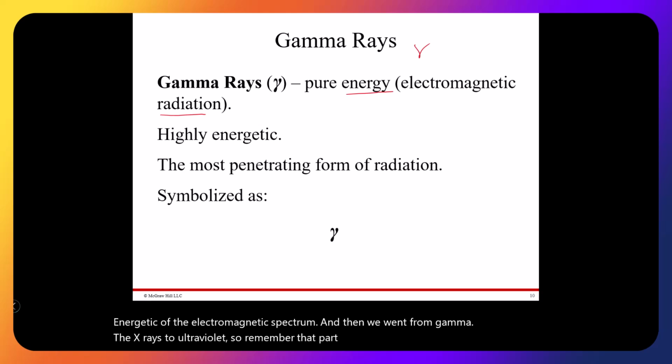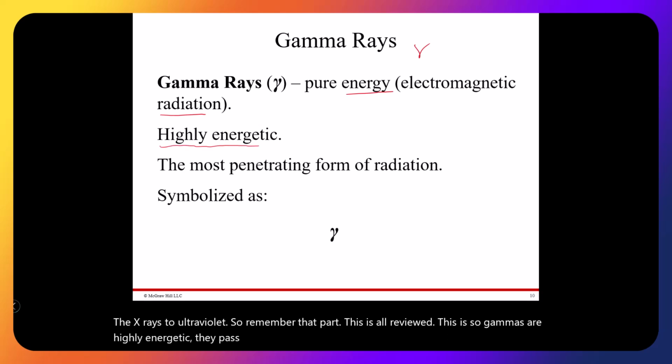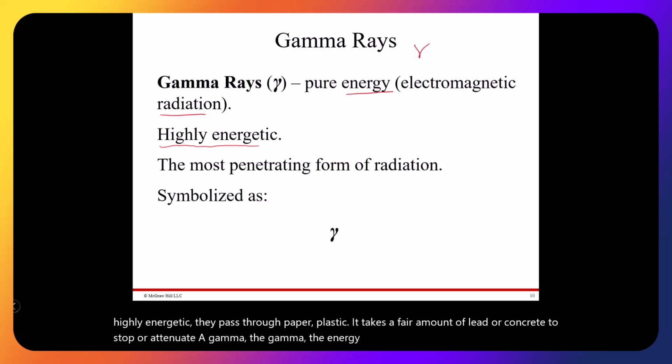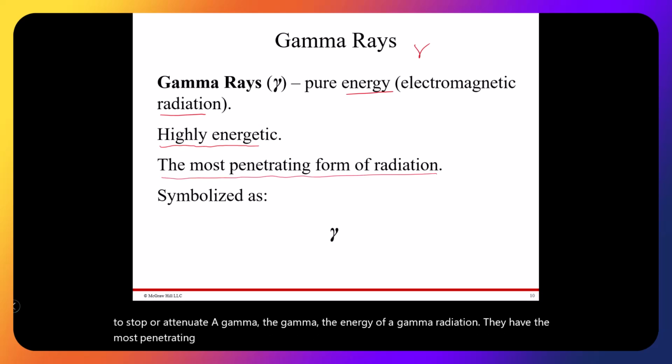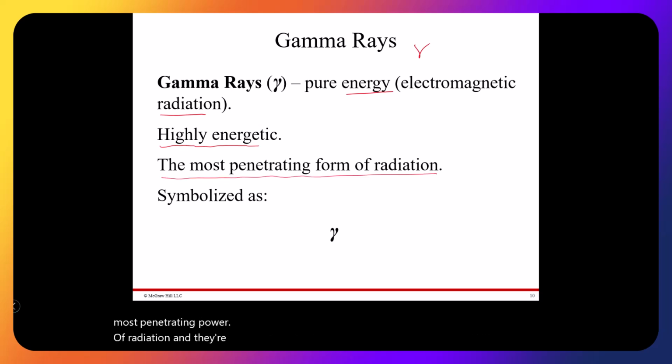This is all review. So gammas are highly energetic. They pass through paper, plastic. It takes a fair amount of lead or concrete to stop or attenuate the energy of gamma radiation. They have the most penetrating power of radiation, and they're symbolized by this gamma symbol here.